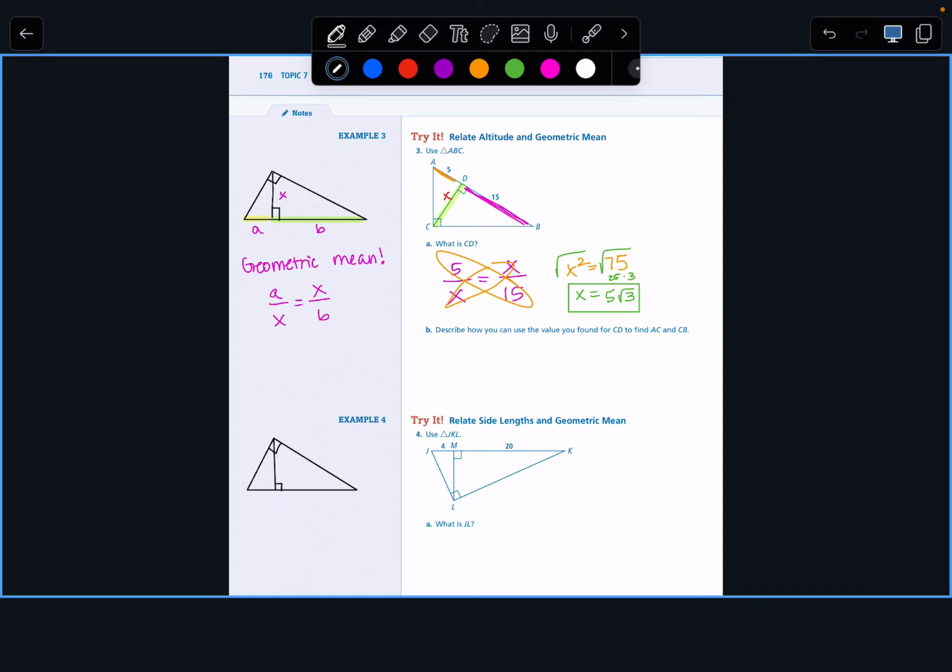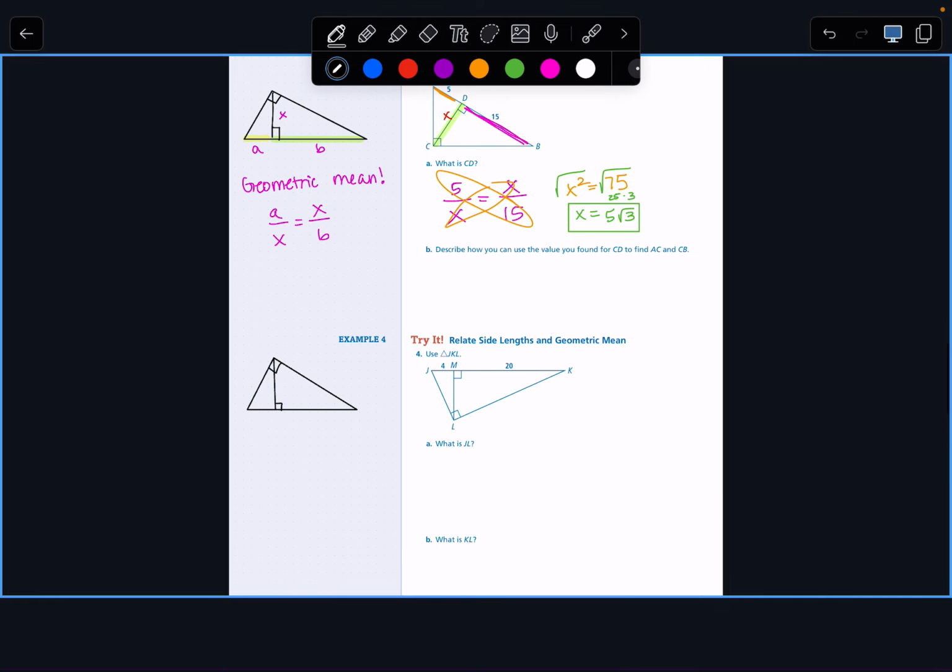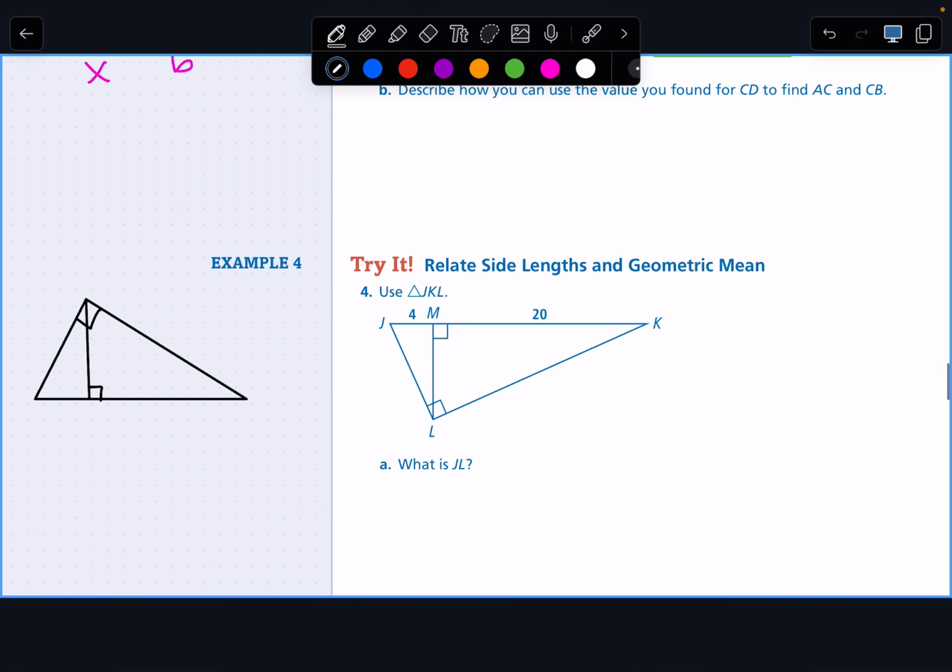Did you see that right triangle? We're gonna draw so many of these triangles.